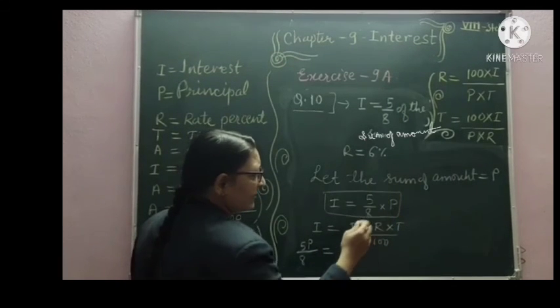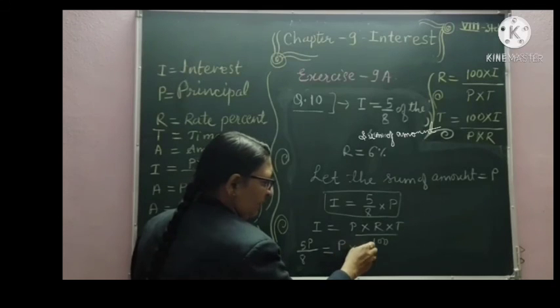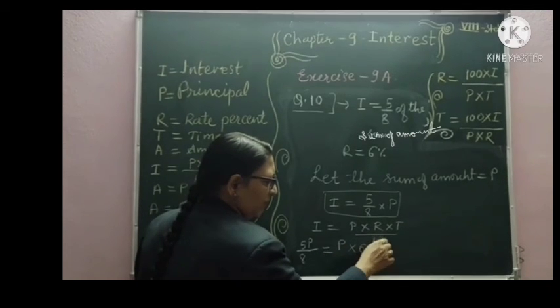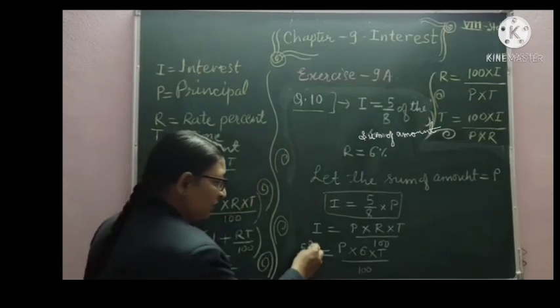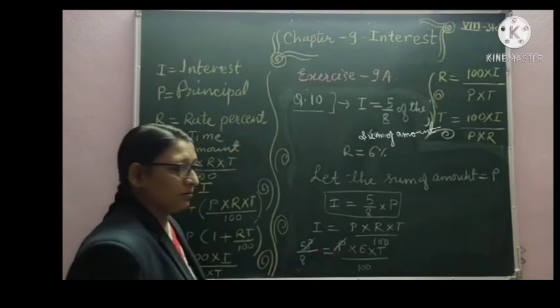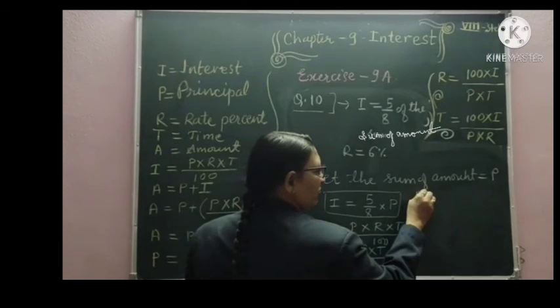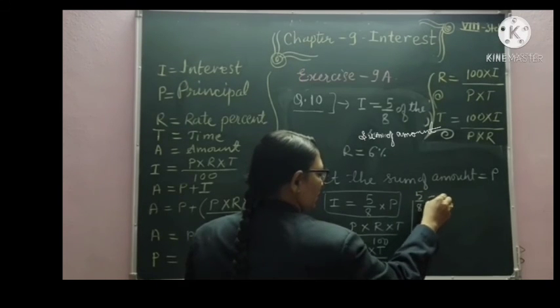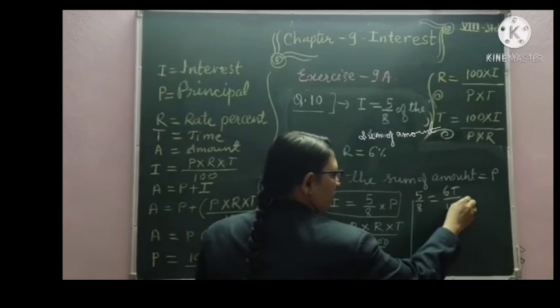Principal we let here as P, multiplied by rate 6, time we don't know, we have to calculate, upon 100. The like terms will get cancelled. So in the next step we can write 5 upon 8 is equal to 6T upon 100.